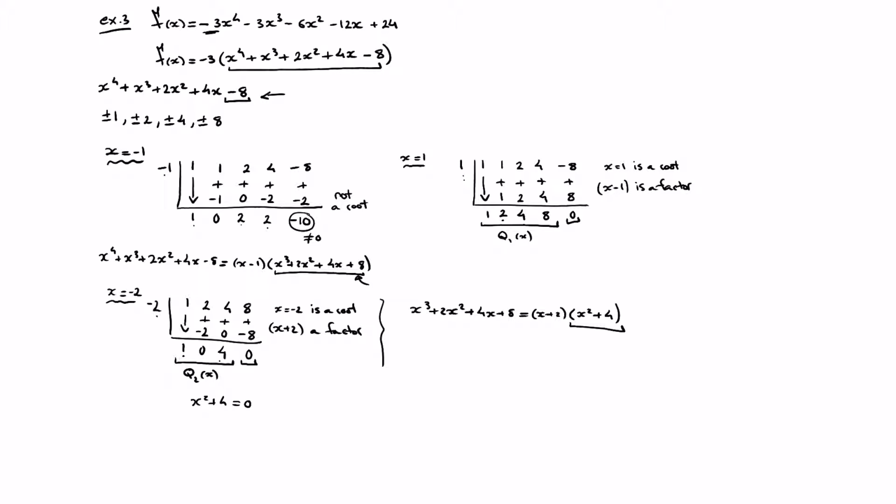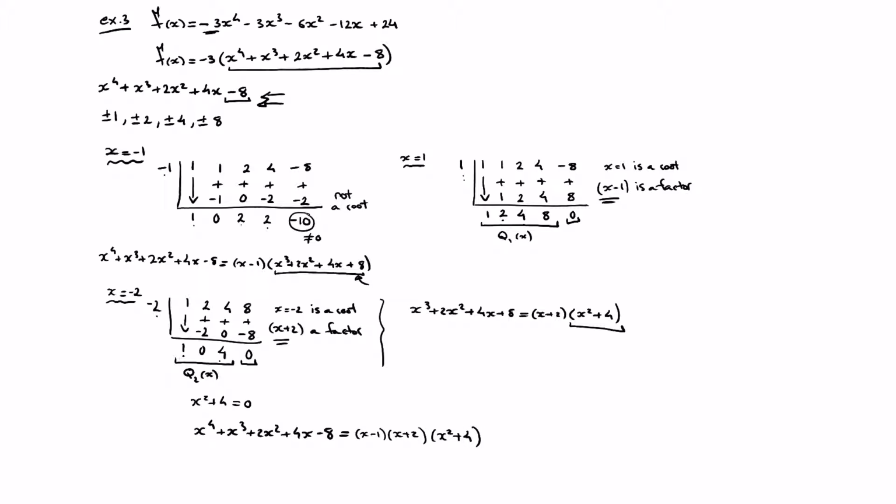We can go back to our original polynomial up here and state that x to the power of 4 plus x cubed plus 2x squared plus 4x minus 8 equals the different factors we found, which were x minus 1 and x plus 2, so those are x minus 1 times x plus 2 times x squared plus 4.